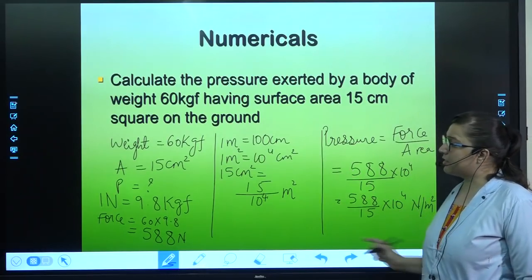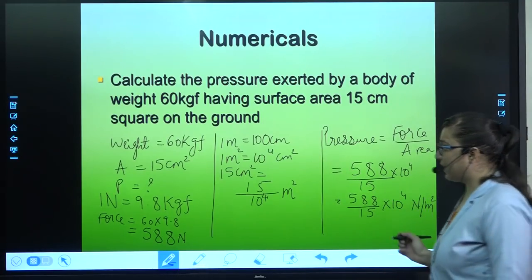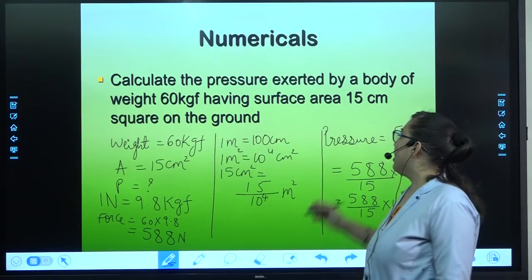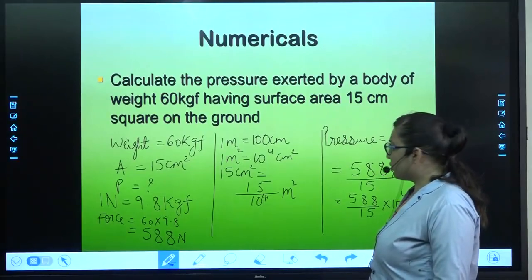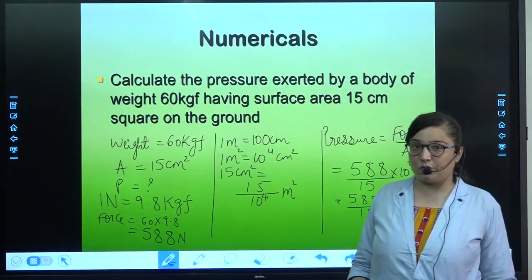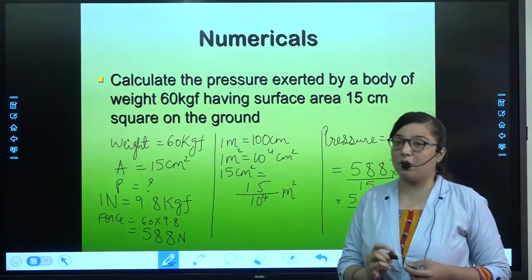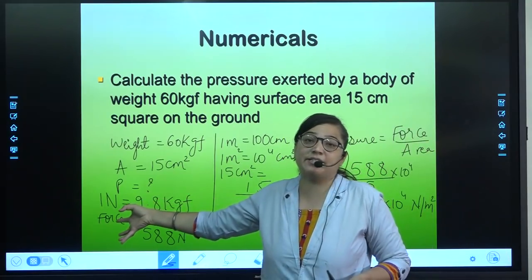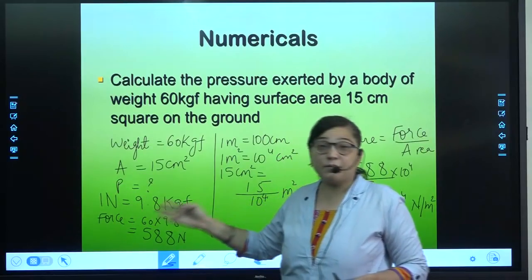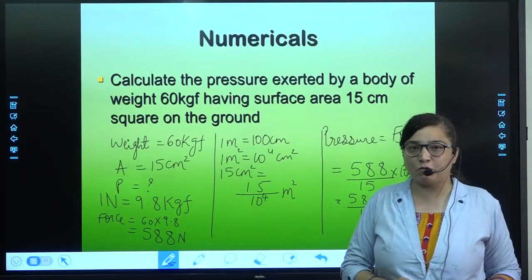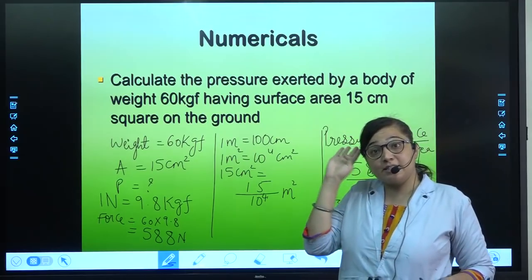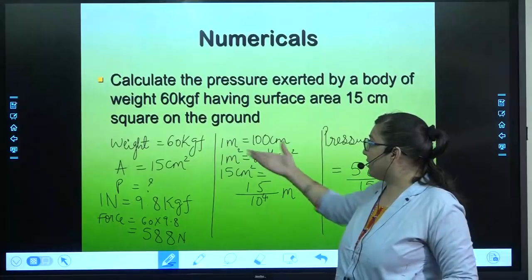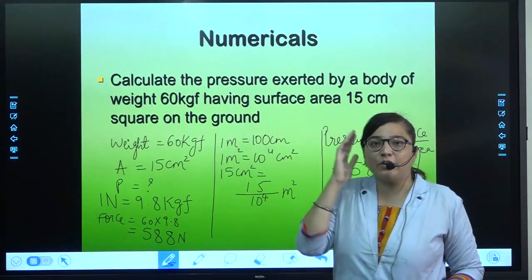So this is about the concept. See, keep the answer and the multiplication and division aside. If you know the formula force upon area, the concept is very easy over here. It's force upon area only, but for finding the force you have to think about class 8 concept, that 1 kilogram force is 9.8 Newton. So you have to recall that. Once again, 1 meter is 100 centimeter. You have to keep that in your brain.